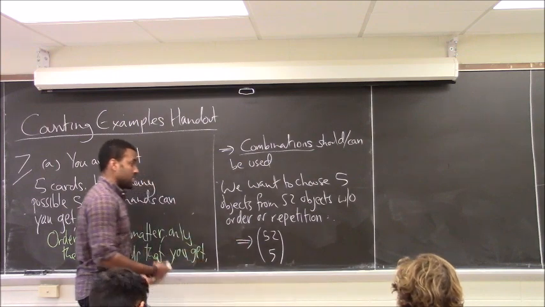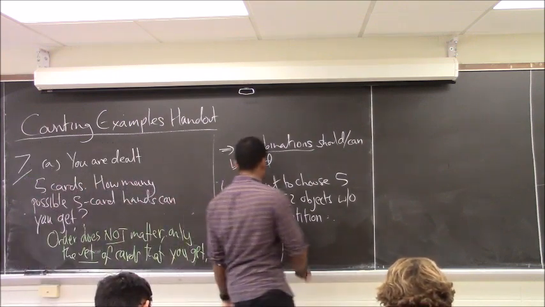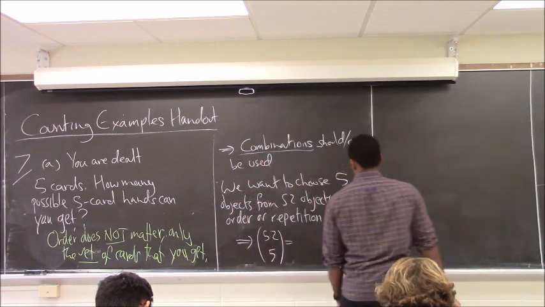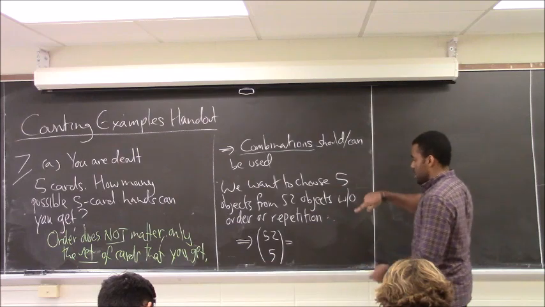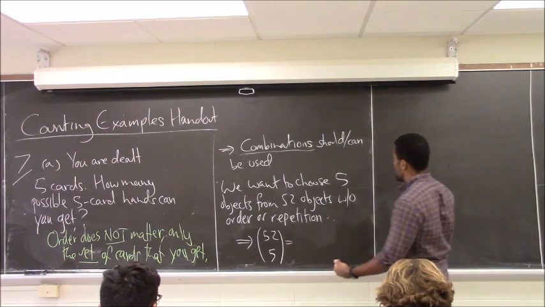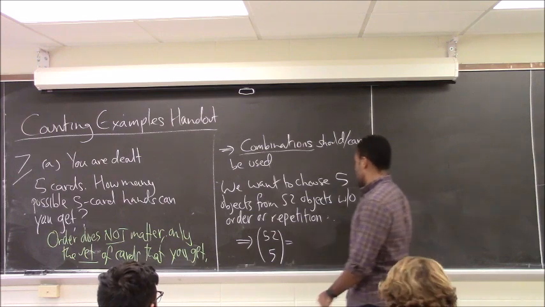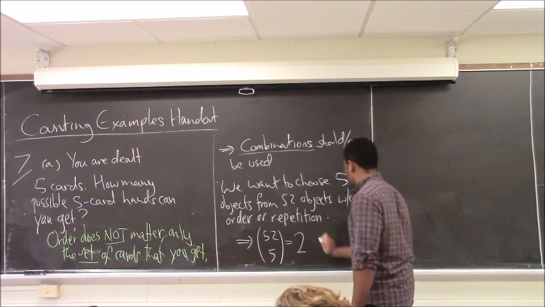The notation is literally read that way. 52 choose 5 possibilities. And chances are you plug in 52 in your calculator, you'll find the nCr button, you press that, then you plug in 5, and you press enter, and we got something that was 2 million something. 2 million what? 2,598,000.